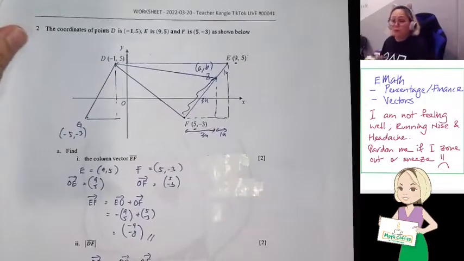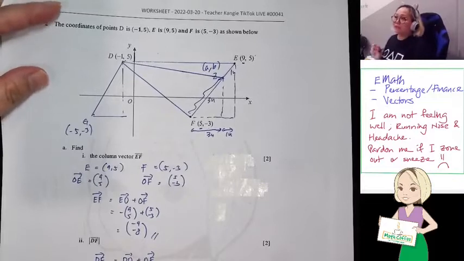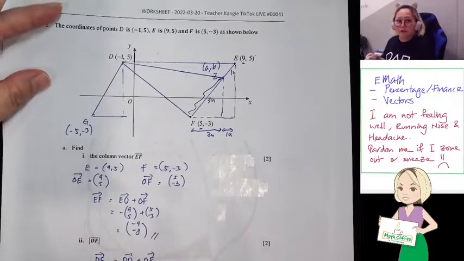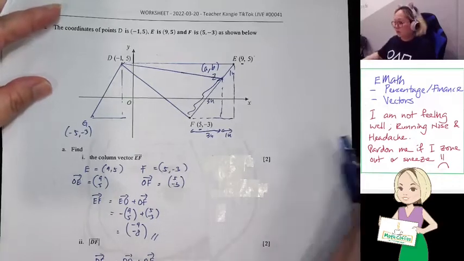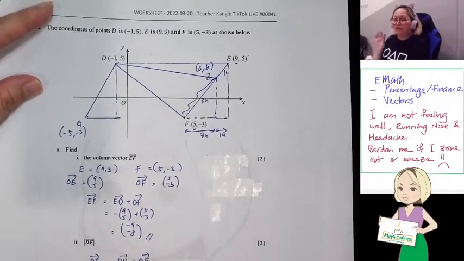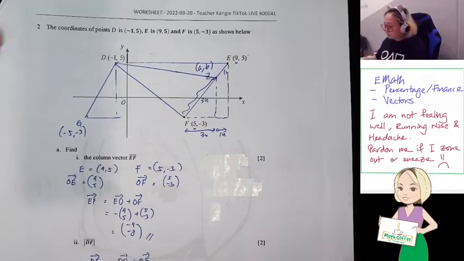Parallelogram, what is the property of a parallelogram? Parallelogram means opposite sides are parallel and opposite sides are also equal in length. Agree? So, in other words, remember just now I mentioned about vector, if they have the same length and same direction.